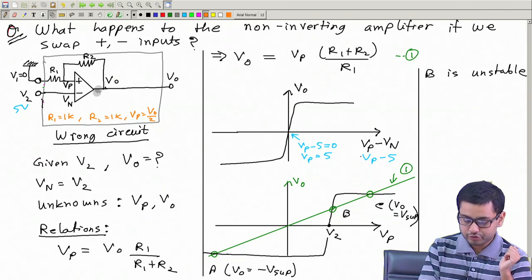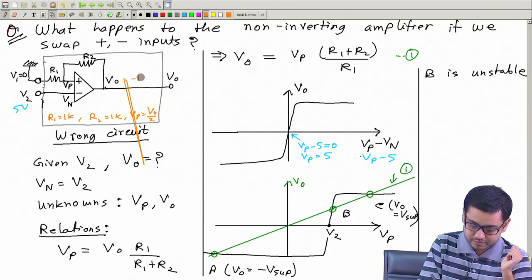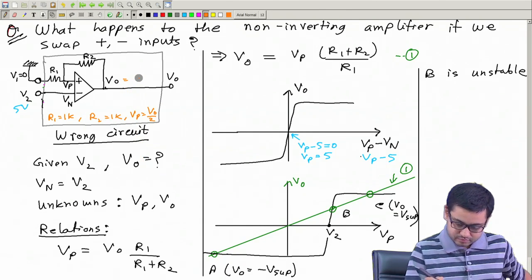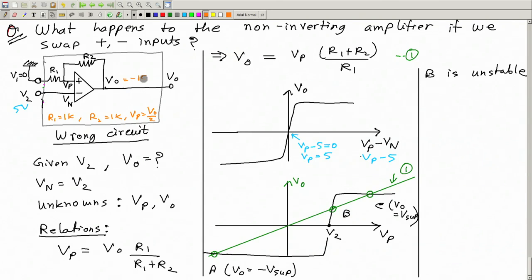If we start with VO equal to say minus 15 volt, then Vp is also minus 7.5. So Vp is less than Vn, and the output will remain at the negative value, no problem.